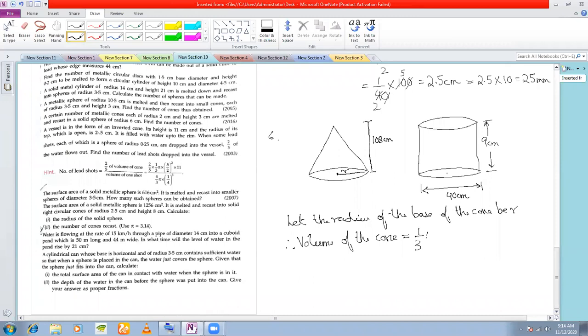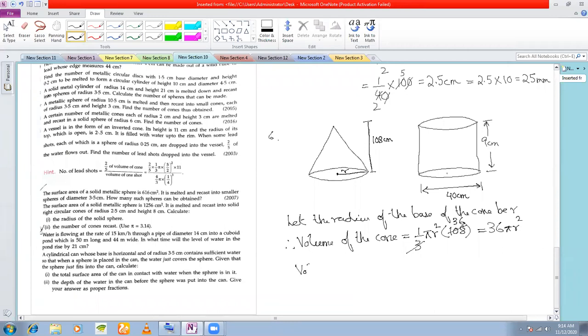One third pi r square into h. h here is 108. What you can do here is cancel 3 and 108 to get 36, so you get 36 pi r square. This is the volume of the cone. We'll put the value of pi later if required.